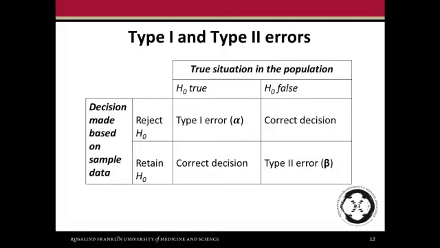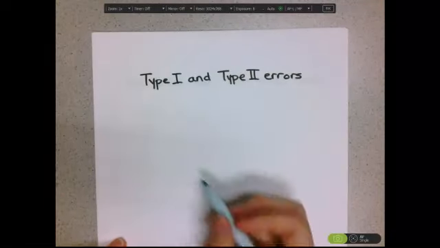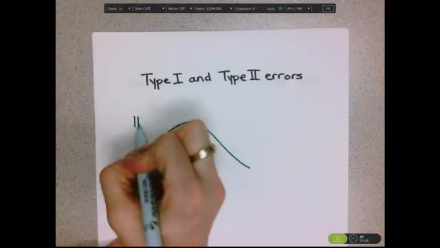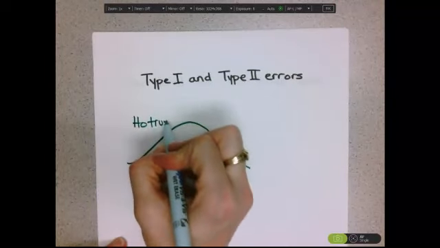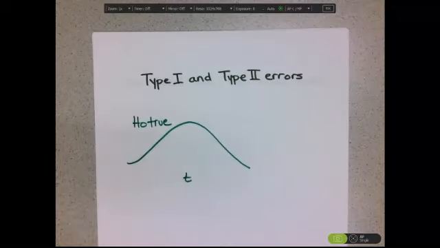So we can diagram this out to look at these type 1 and type 2 errors. And we can do this by drawing a distribution of t-values. And this is going to be if the null hypothesis is true. Right? So we're looking at a distribution of t. And we might have some critical value that we're going to assign. And that would be our critical value to determine if there's a difference between our population means.